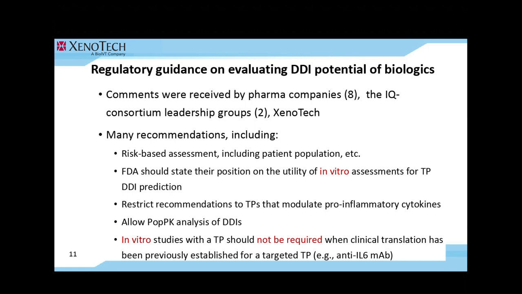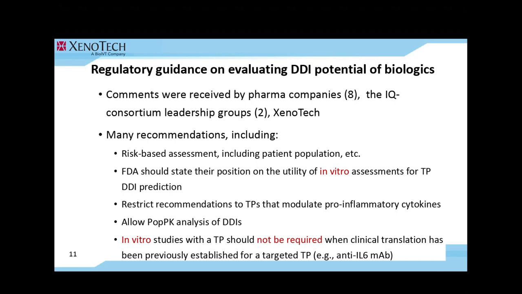In Japan, PMDA 2017 drug interaction guideline contains language or recommendations very similar to that of the FDA documents. I'd like to add that all these guidance documents are available from our website for your further readings.